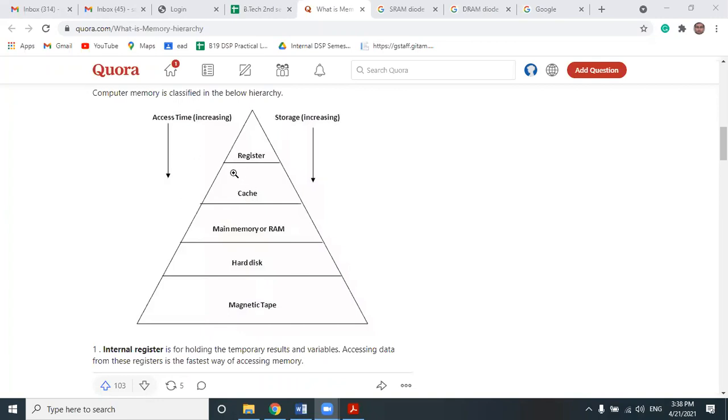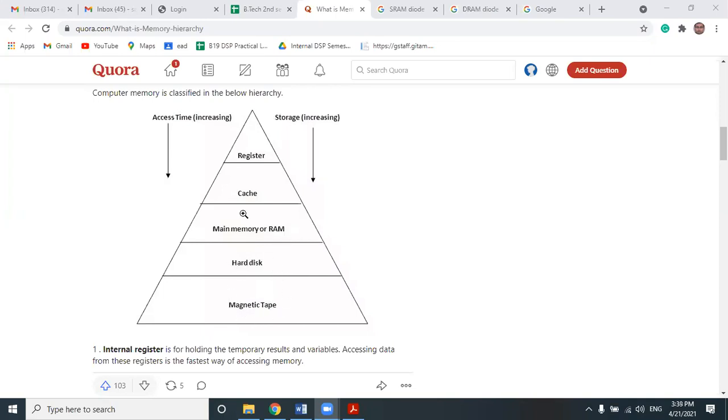Then after register, the next fastest memory device is cache memory. Then after register and cache, the next fastest is the primary memory, the main memory. Then after that, the next fastest device is the secondary memory. So overall, the register is the fastest device among all components of the memory architecture, and secondary memory is the slowest device.